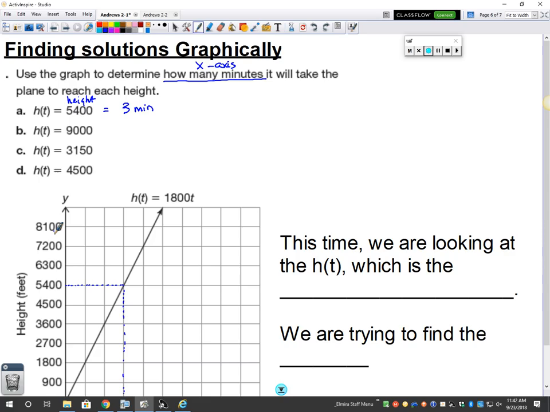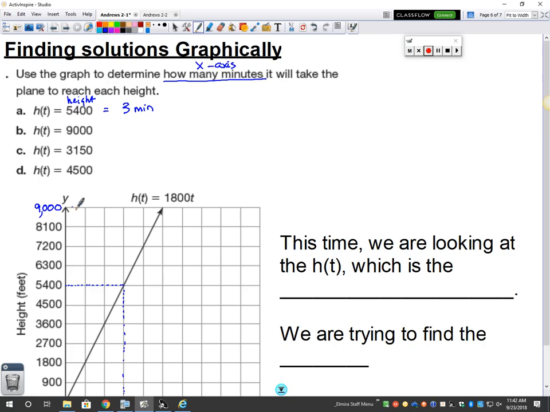All right, 9,000. If I look at my axis here, 9,000 is not there. It would be somewhere above 8,100. Well, it turns out 900 more. This graph is counting by 900s. So if I went up 900 more, the very top line of the graph, even though it's not labeled, is 9,000.